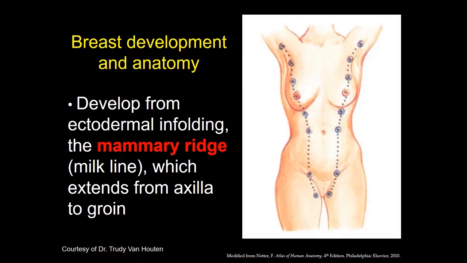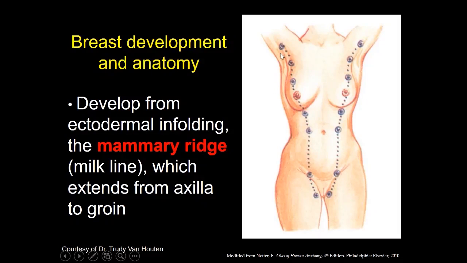When you're in utero, the breast will develop from an ectodermal infolding called the mammary ridge, or more informally, the milk line, which extends from the axilla all the way down to the groin. As the fetus is developing in utero, over time, this mammary ridge will regress so that eventually all you're left with is the mammary tissue, which should be in this location where we normally will have the breasts anatomically positioned.